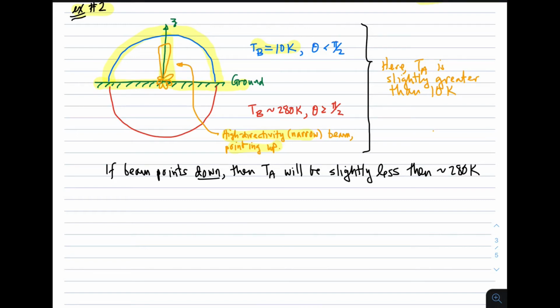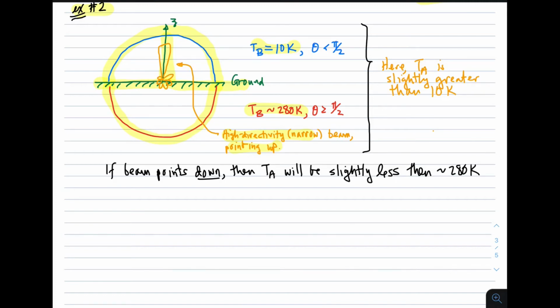In the lower half space, which includes the ground, the brightness temperature is going to be roughly 280 Kelvin. Again, I say roughly because it will change for a number of reasons that we can talk about a little bit later in this lecture. But we'll say here that's about 280 Kelvin.